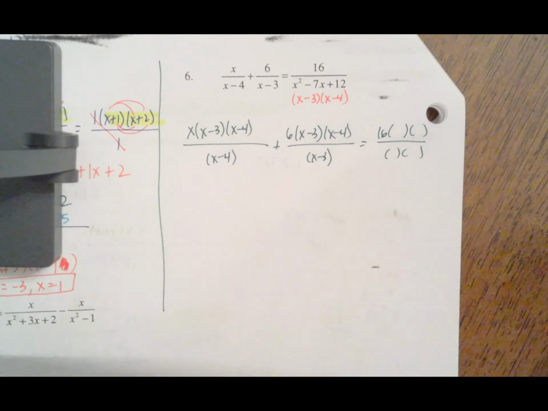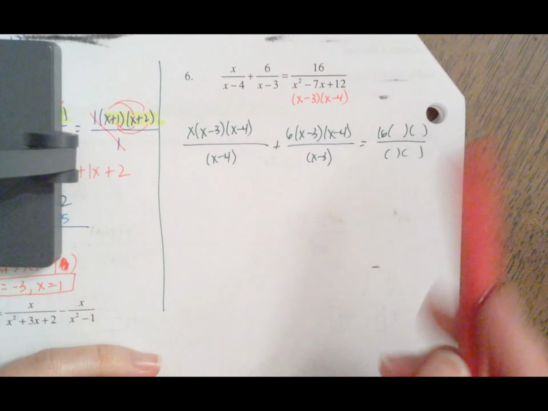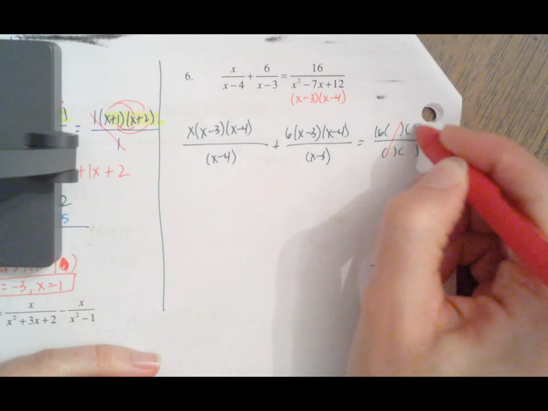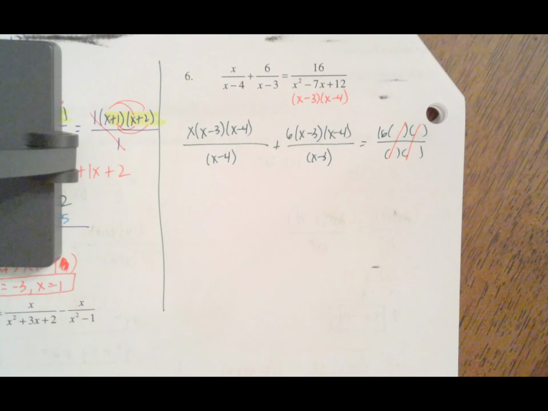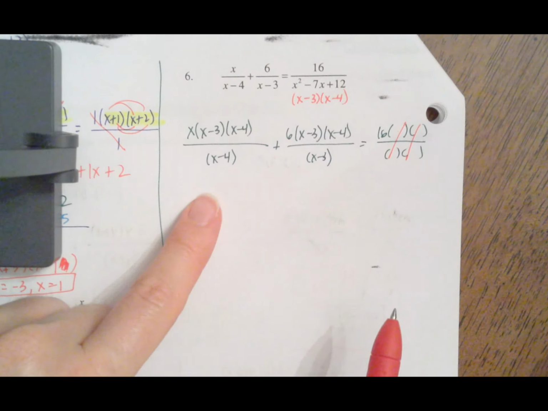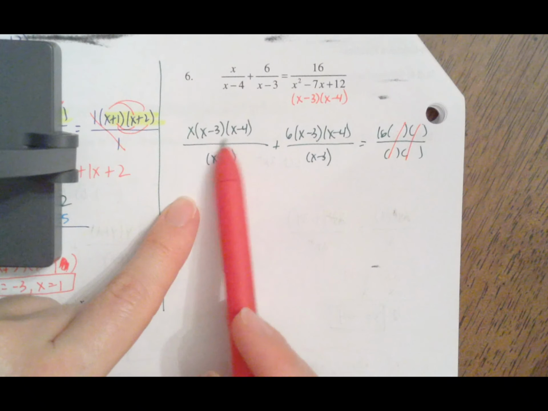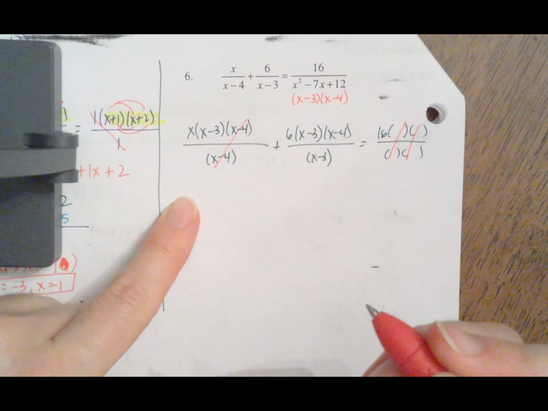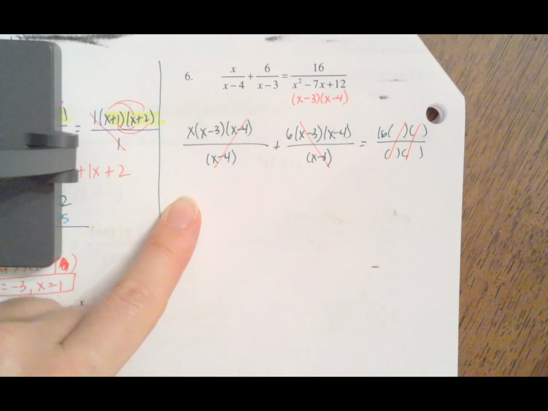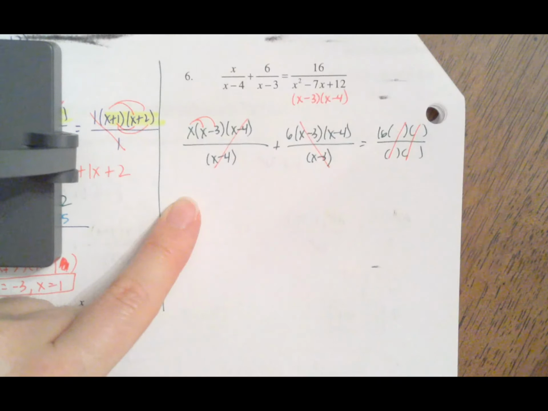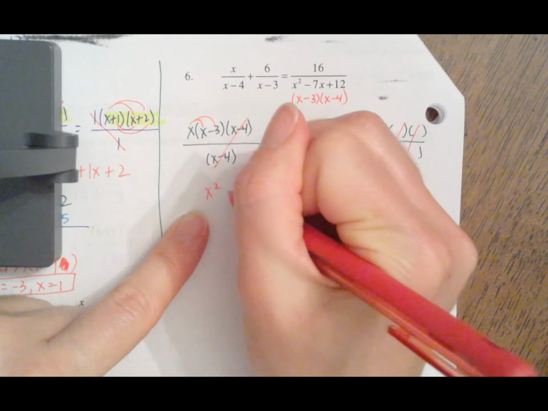The reason why I'm doing that is I know that the x minus 3 and the x minus 4 are going to cancel out the 2 that are on the bottom, and all I'm going to be left with is a 16 up there, so that's why I did that. All right, so back to over here. These x minus 4s are going to cancel out, and the x minus 3s are going to cancel out. So if we go ahead and simplify, we'll have x squared minus 3x.